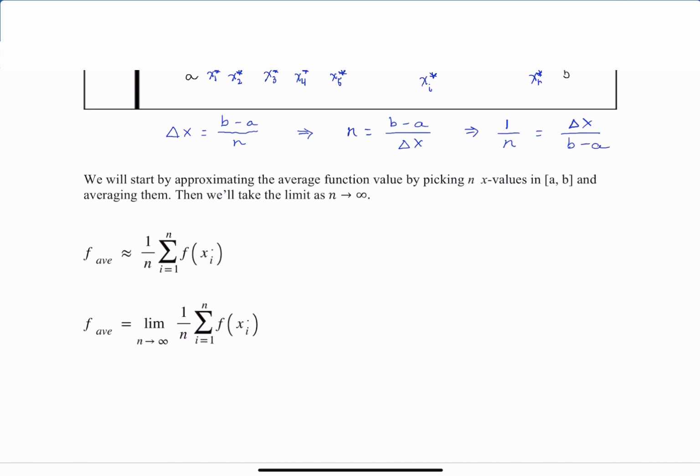Putting in what we've got so far then, we have the limit as n goes to infinity of delta x over b minus a times the sum as i goes from 1 to n of f of x sub i star.